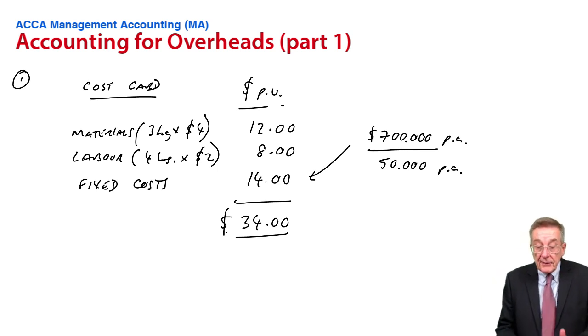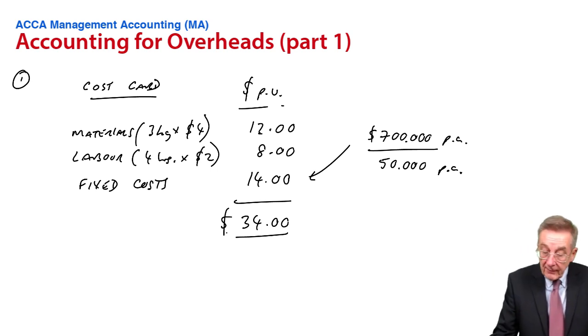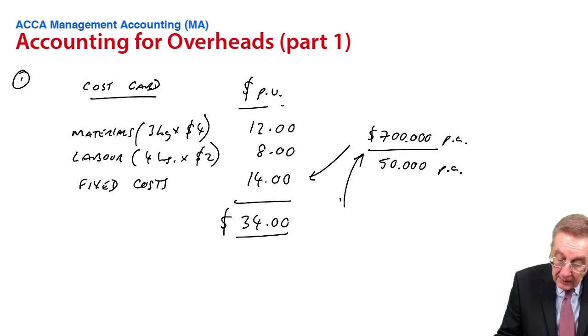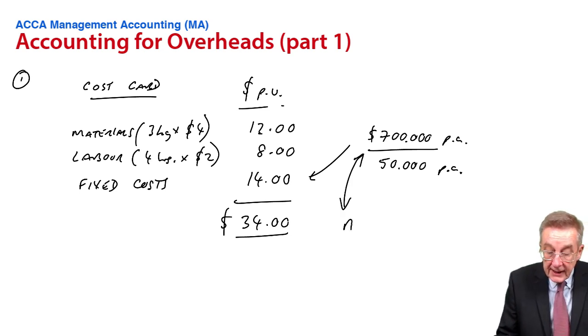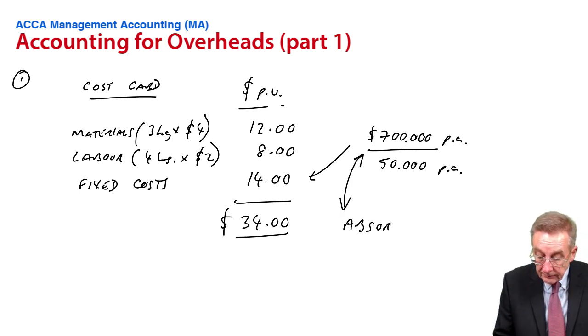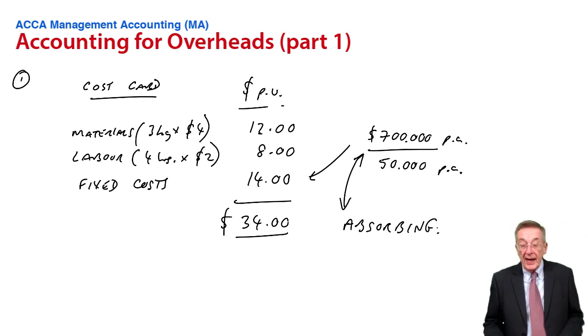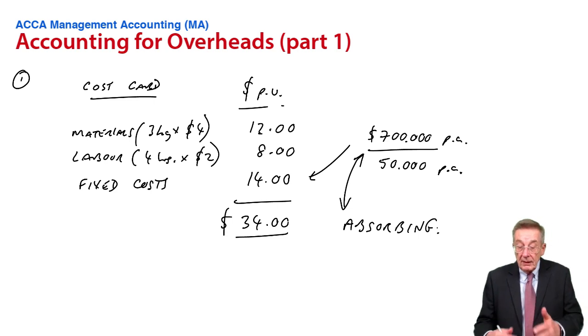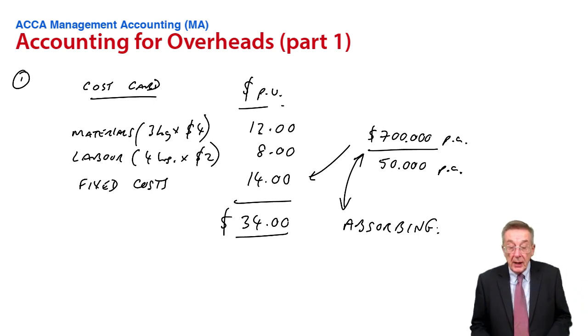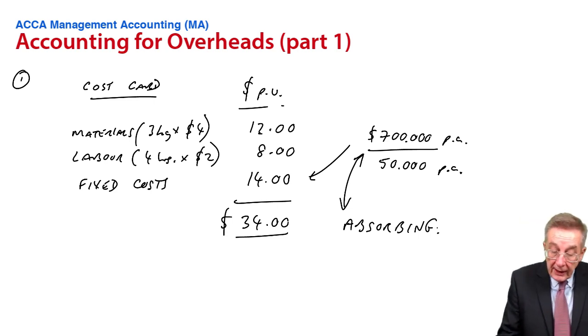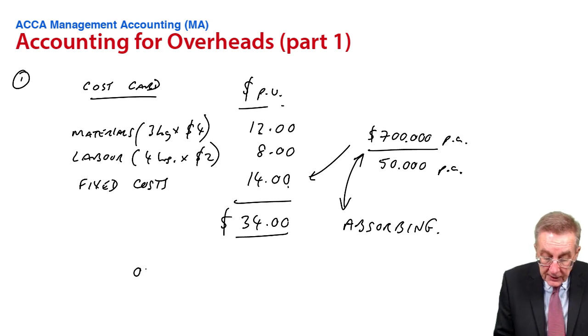Now that exercise of getting the fixed cost, dividing the total by the number of units, we say is absorbing overheads. It's charging overheads in the way we have done. And that $14 is called the overhead absorption rate.